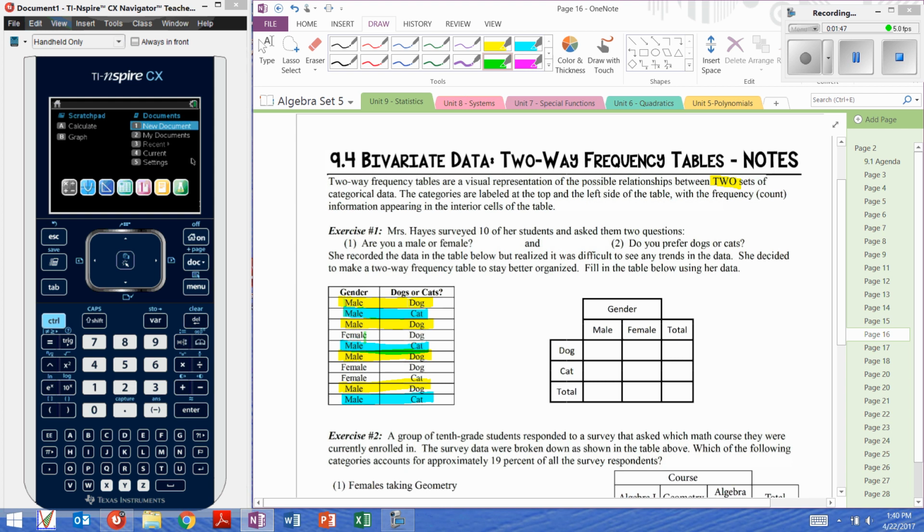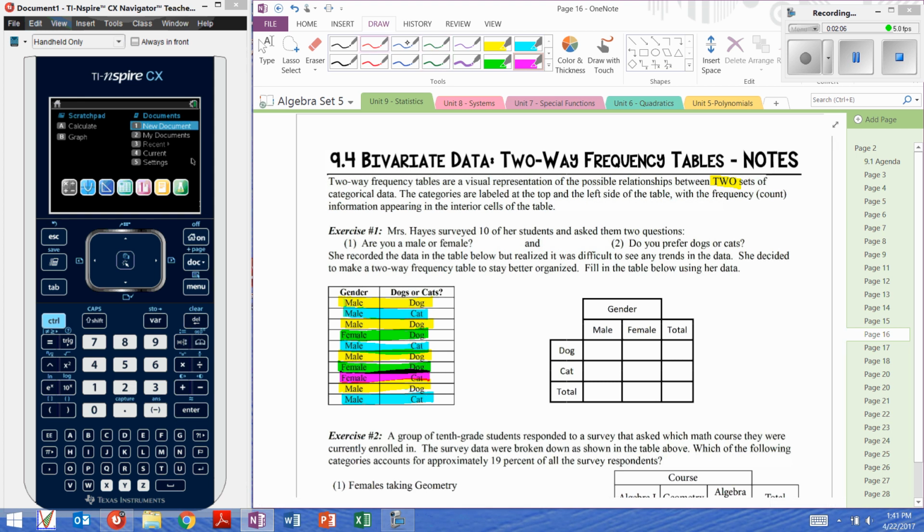And let's try green for female and dog. And then pink, female, and cat. Notice how we actually had to use 4 different colors because there were 4 different options. You could either be a male or female, or you could have picked a cat or a dog.